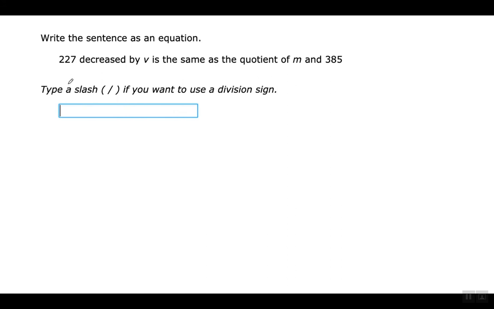$227 decreased by V. Okay, look at this one. 227, it's decreased by V. So 227, 227 disminuido por V is the same as, es lo mismo que the quotient of M and 385, el cociente de M y 385.